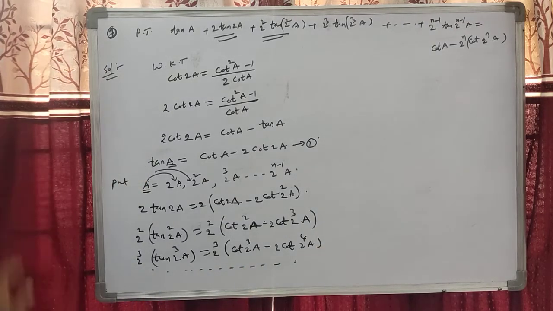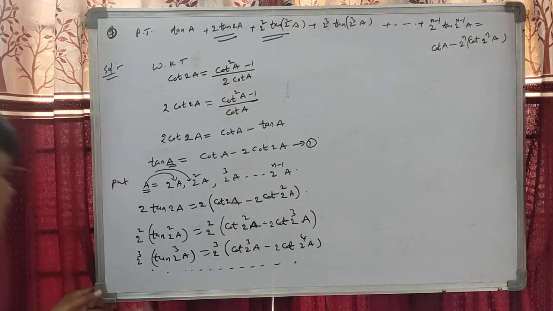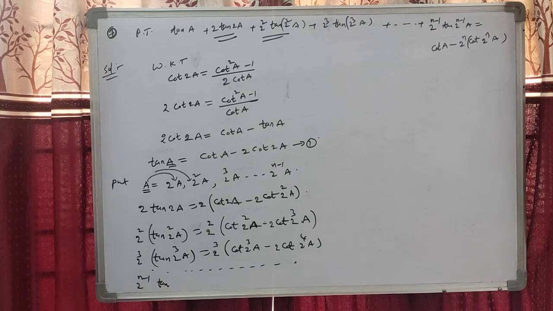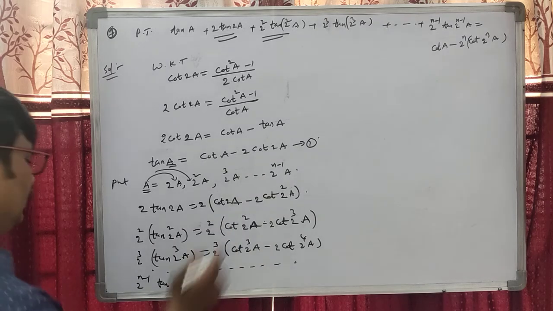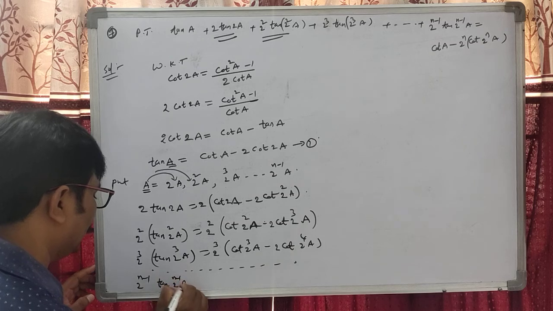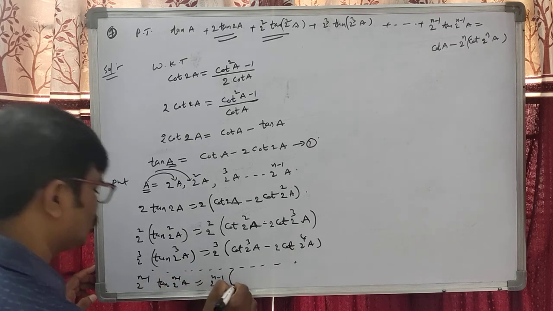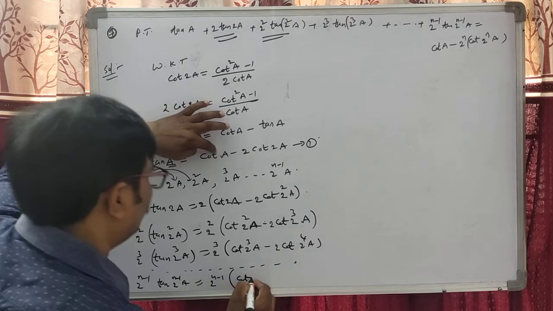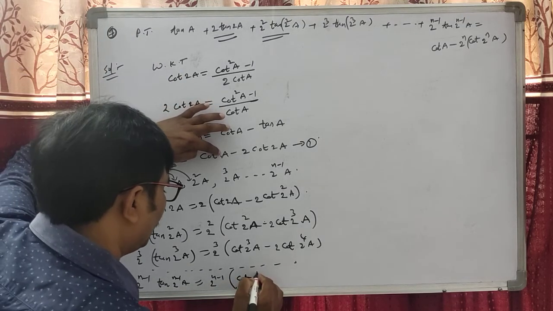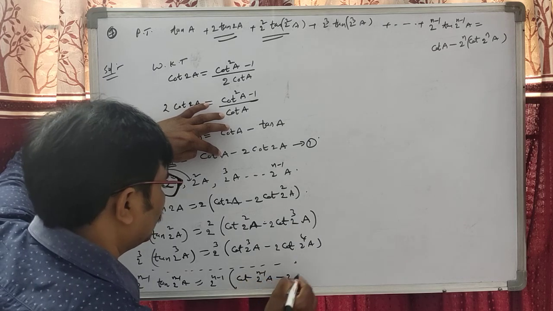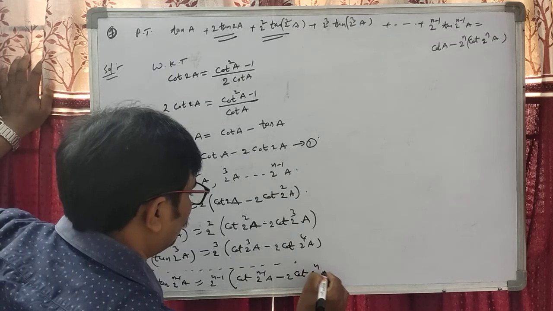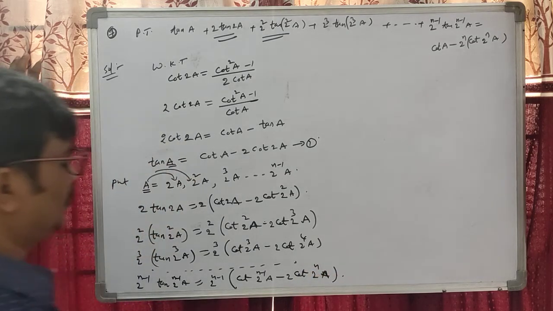Finally, we put the substitution 2 power n minus 1 a, that is 2 power n minus 1 tan of 2 power n minus 1 a. Here we substitute cot of 2 power n minus 1 a minus 2 cot of 2 into 2 power n minus 1, that is 2 power n a.